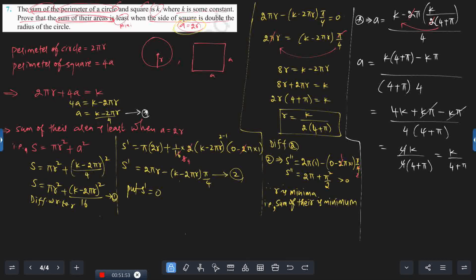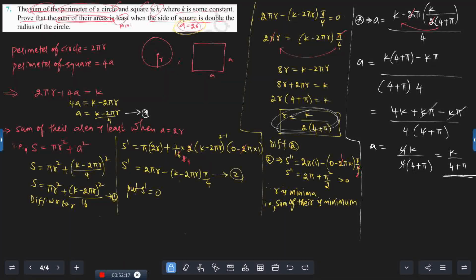This is the A value. But very important, listen carefully to what they said: A equal to 2 times R, we have to bring. Am I right? 2 times R. So we have the A value here and the R value here.